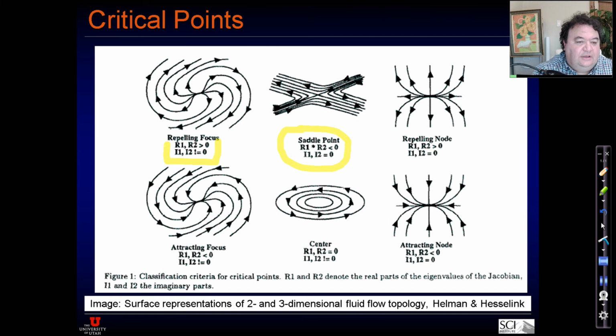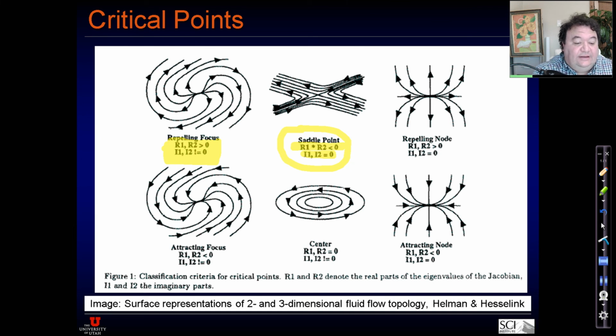For example, in what's called a repelling focus, we have non-zero imaginary terms and two positive real terms, and depending on whether they are equal to each other or not, it is a nice spiral or a slightly modified one. In a saddle point, the imaginary components are 0, and the two real values are one positive and one negative; here it's described as the product being negative.